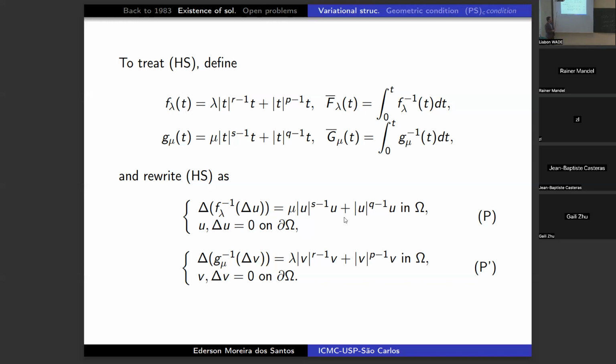So it's equivalent to solve the system. This is one of the variational treatments for this kind of problem. What makes the problem a bit complicated is that the function F lambda is not homogeneous, so we have different powers here. So this makes the estimates a bit more delicate.